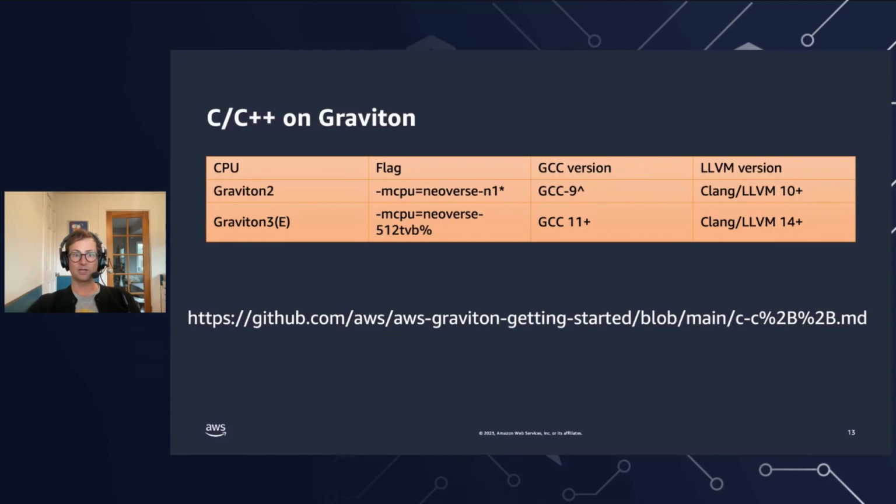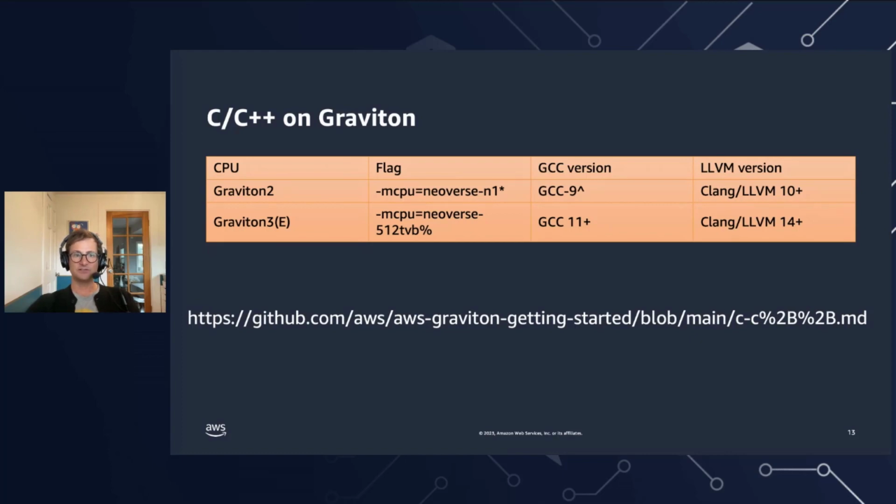Be aware, though, that when compiling with -mcpu=neoverse-512tvb, you might generate code that can't run on Graviton 2. So if you're targeting only Graviton 3, that would be the option to use. If you want to target both, stick with -mcpu=neoverse-n1.